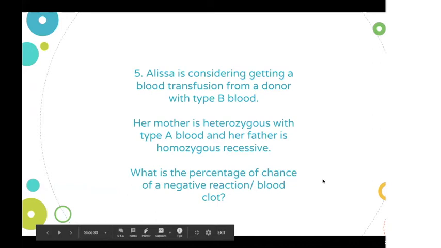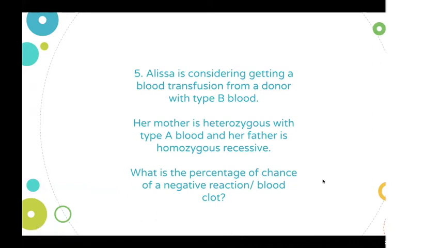Okay, I'm going to go ahead and do the Punnett square with you. Her mother is heterozygous with type A blood. What this tells us is that the mother's genotype, which we will put on top, will be capital I with an A and a lowercase i.